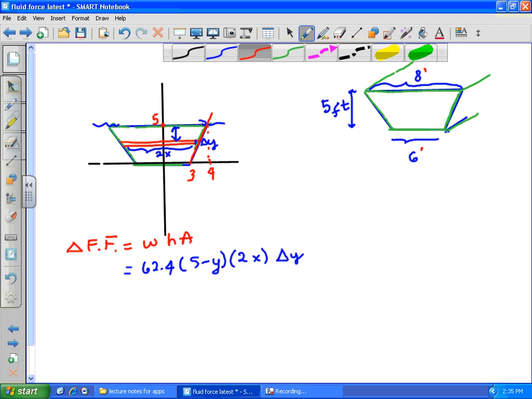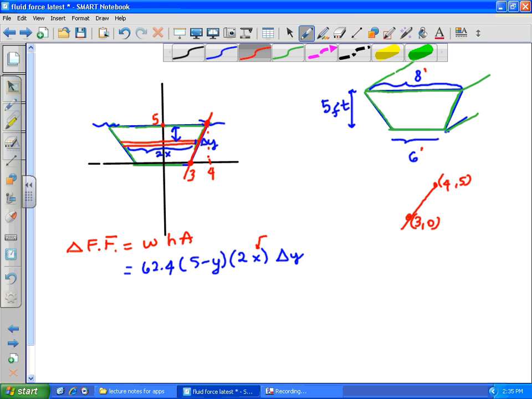If we could write the equation of this line, then we know that line will relate x in terms of y and y in terms of x, and we can get rid of this x then. Okay, to write the equation of that line, first notice 2 points that are clearly on this line. Okay, the bottom point is the point (3, 0), and the top point is the point (4, 5).